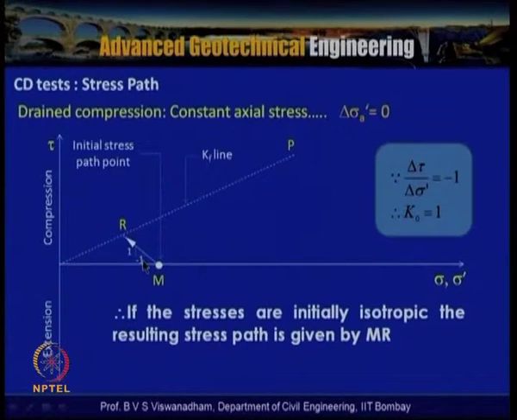In this case of constant axial stress, if the stresses are initially isotropic, the resulting stress path is MR, which has delta tau by delta sigma dash equal to minus 1, with K naught equal to 1.